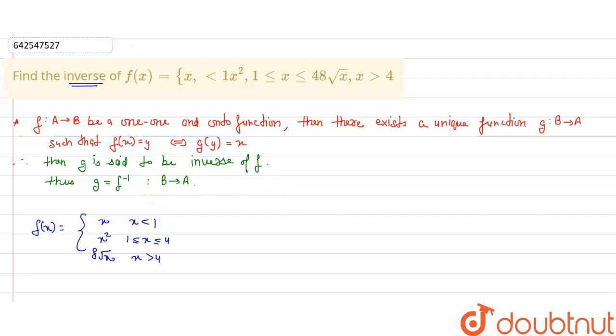Thus g is f inverse, with the domain B. Suppose I have a function f(x) equal to y, whose domain is A and range is B. When I take the inverse, x equals f inverse of y, its domain will be the range of f(x), and its range will be the domain of f(x).